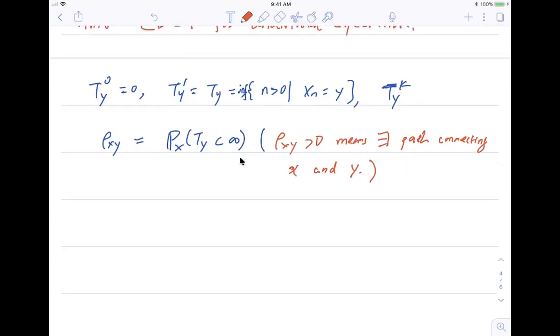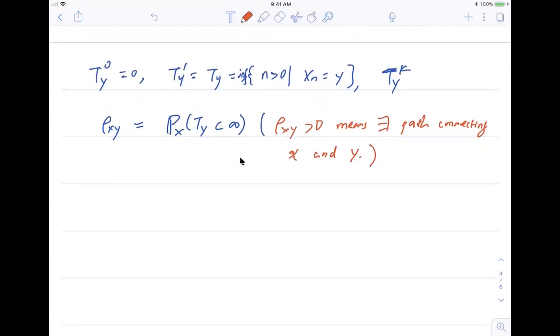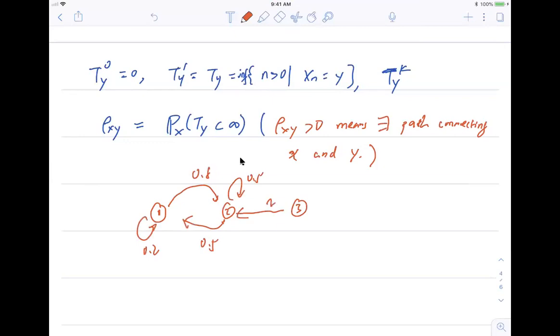If I give you an example, it's much easier to see. Let's say we have state 1, state 2, and state 3, with transition probabilities 0.8, 0.5, and 1 on the edges.